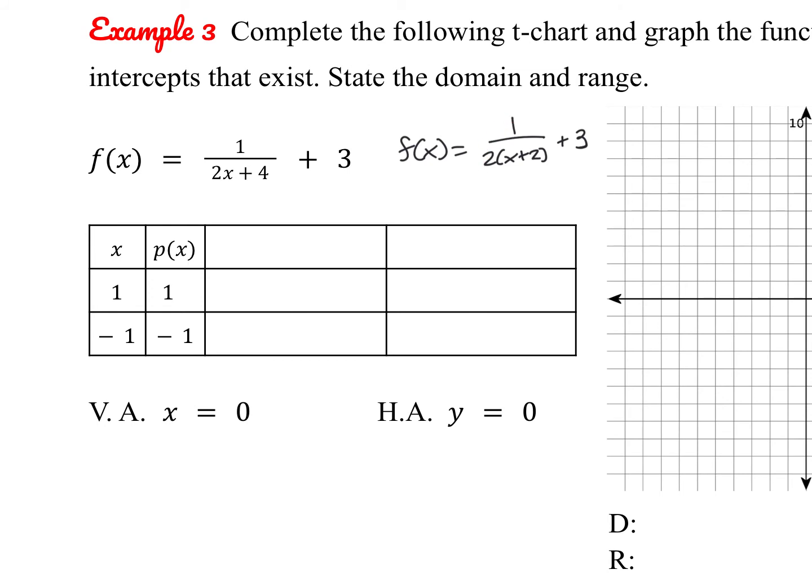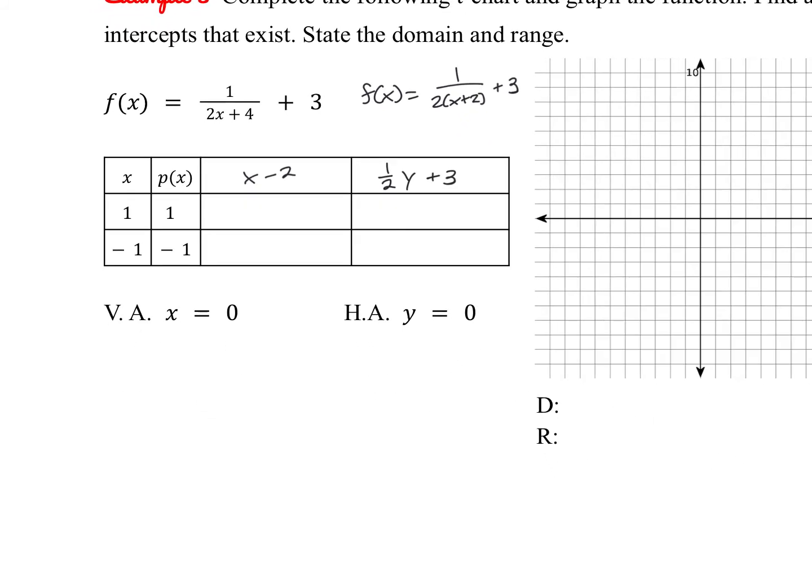And I will always opt to treat it as a vertical shrink rather than this horizontal stretch or shrink. So the only horizontal thing that we see happening is this shift to the left 2, so we'll do x minus 2. And then we have that vertical shrink by a factor of 1/2, and then it's going to be shifted up 3. So this gives us negative 1 and negative 3.